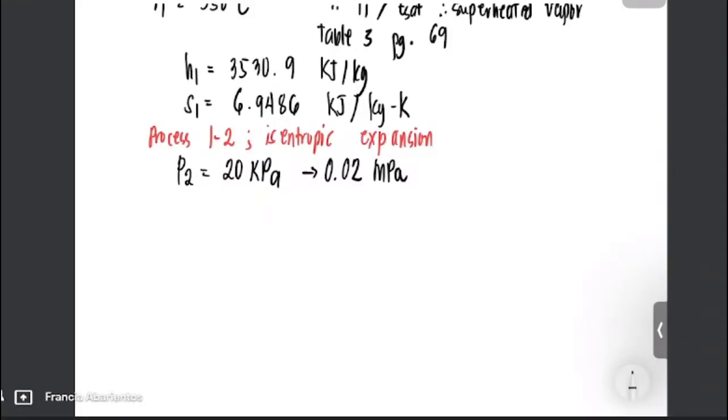Anong table? Punta ka ulit sa table. Table what? Table 2, 0.02 MPa.